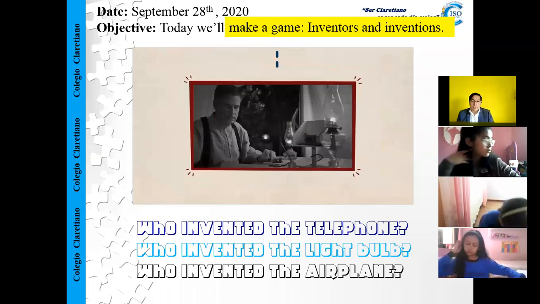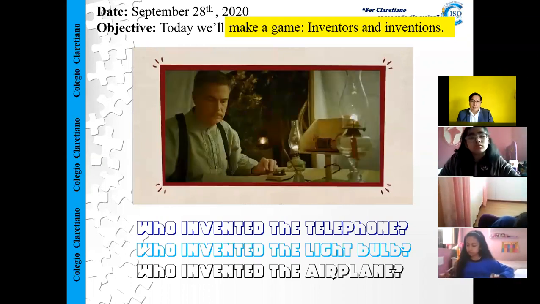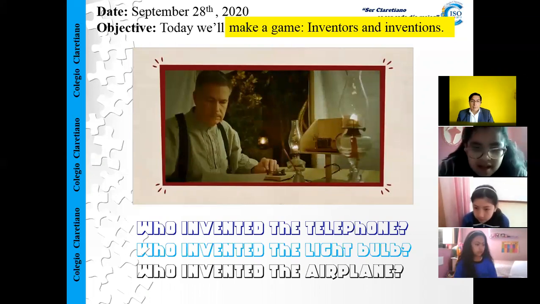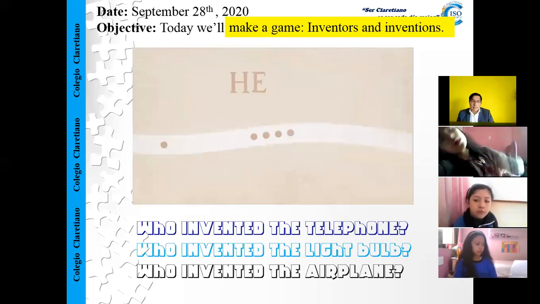Messages sent by Morse code contain dots and dashes to show the alphabet letters, numbers, punctuation marks, and other special characters. For example, this is how you would say hello in Morse code.